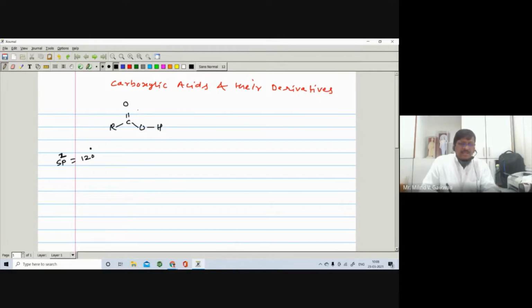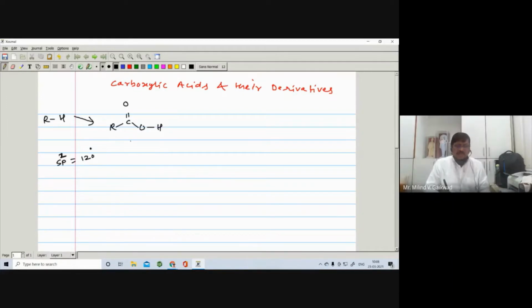It contains the COOH group. When one of the hydrogens of an alkane is replaced by the COOH group, it is called a carboxylic acid. It contains the functional group COOH. The angle at this carbon is 120.